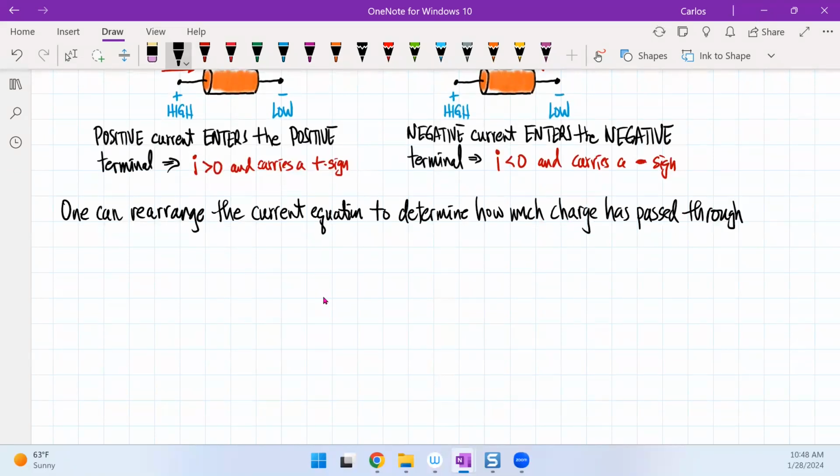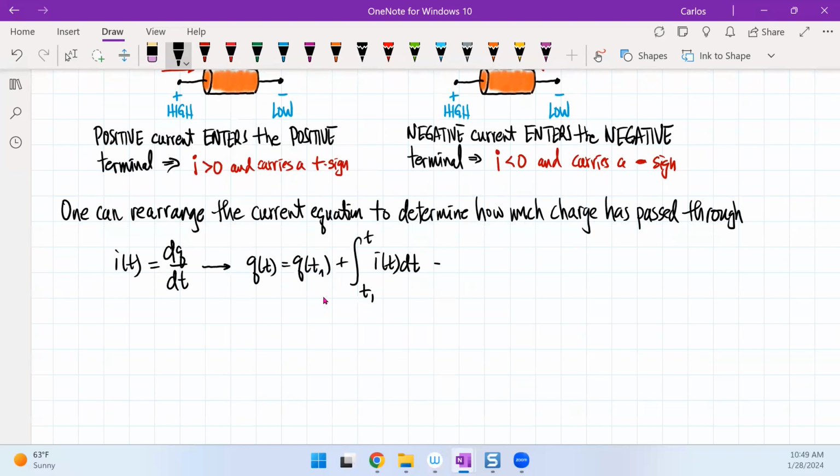So if I look at this thing, I could have that i of t is dq/dt. If I rearrange this thing, I could then say that q of t is going to be how much charge was initially there plus how much charge is going to pass through between a time of t1 all the way to t.